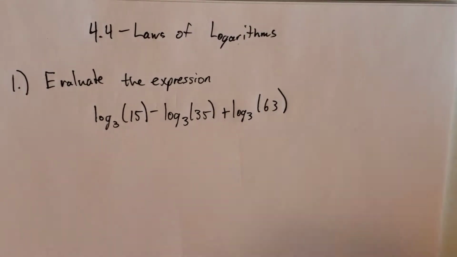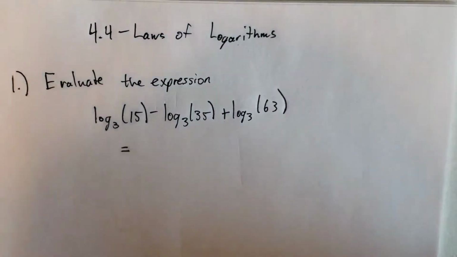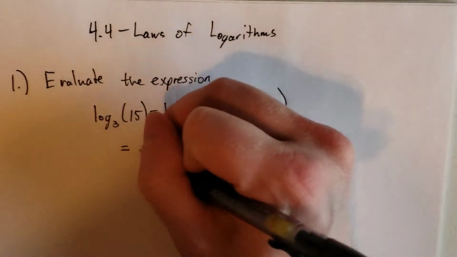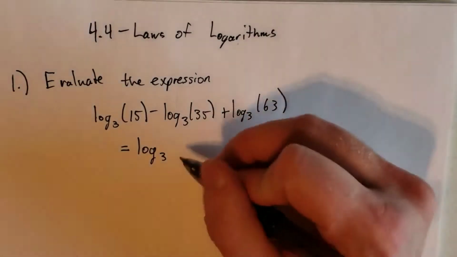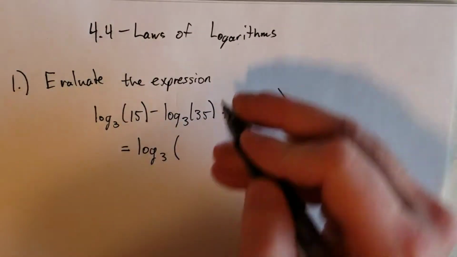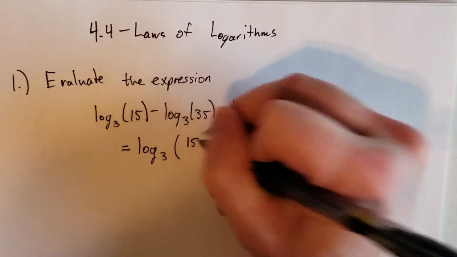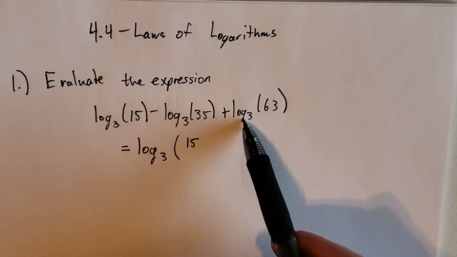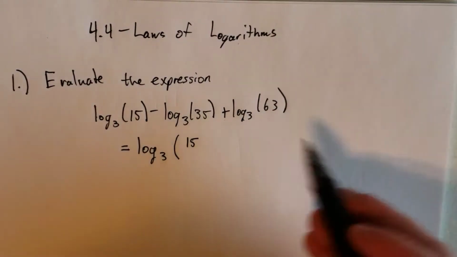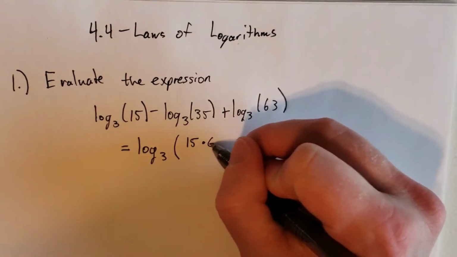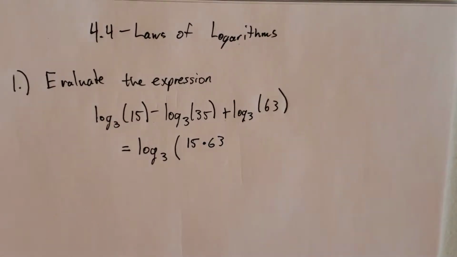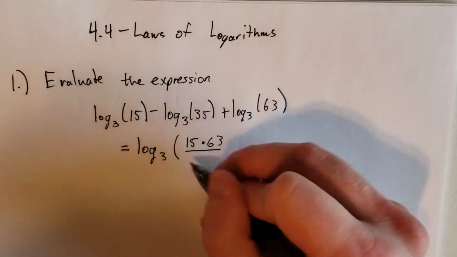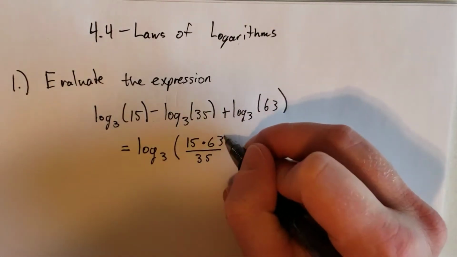So we're going to rewrite this all as one logarithm. So it's log base 3, where we have 15. But then this plus log base 3 of 63 says that we're going to multiply by 63. And this minus log base 3 of 35 says that we're going to divide by 35.